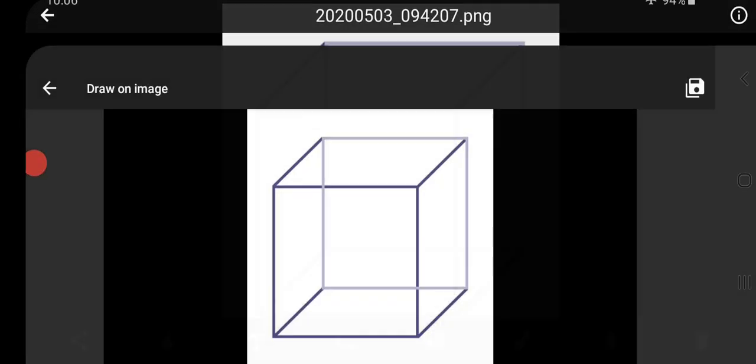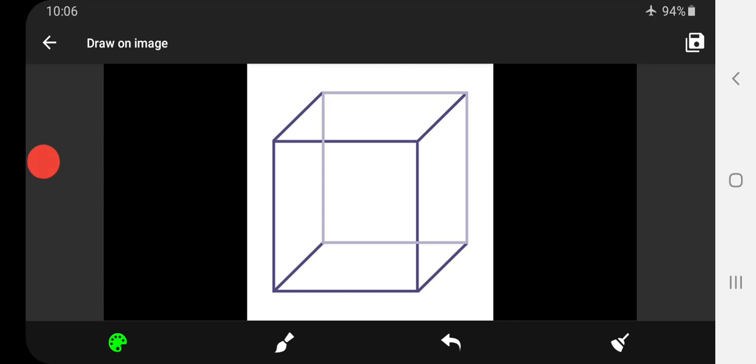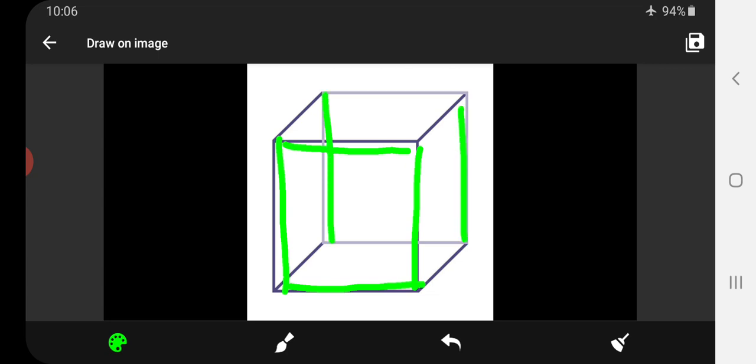Now let's see the edges of the cube. 1, 2, 3, 4, 5, 6, 7, 8, 9, 10, 11, 12. So it shows that a cube has 12 edges.